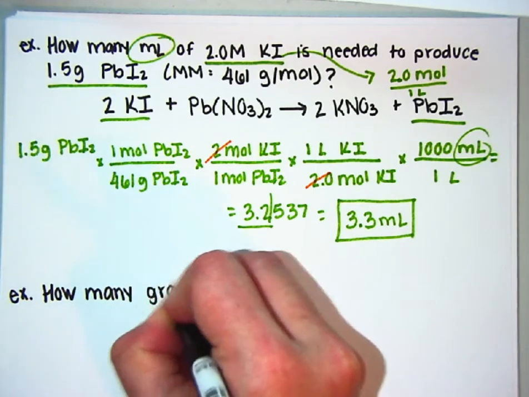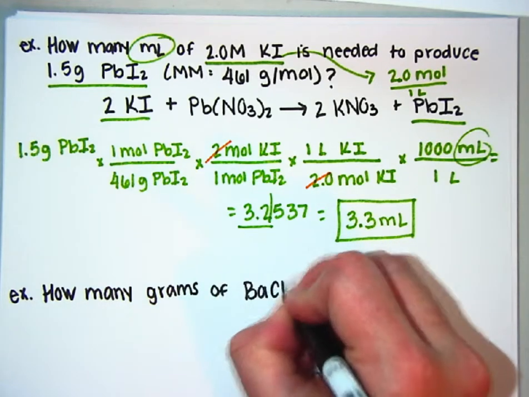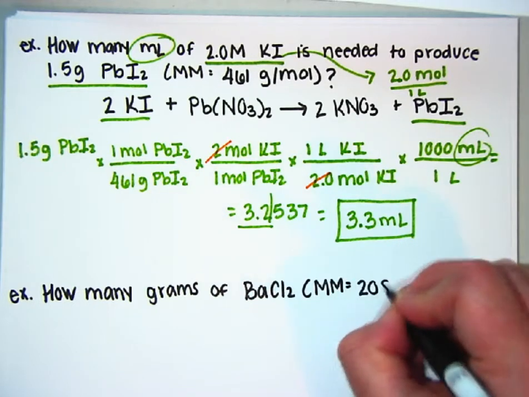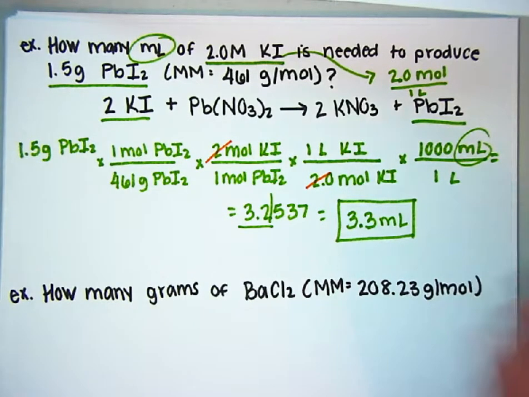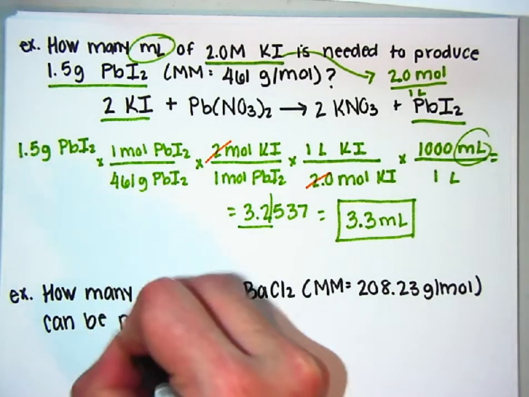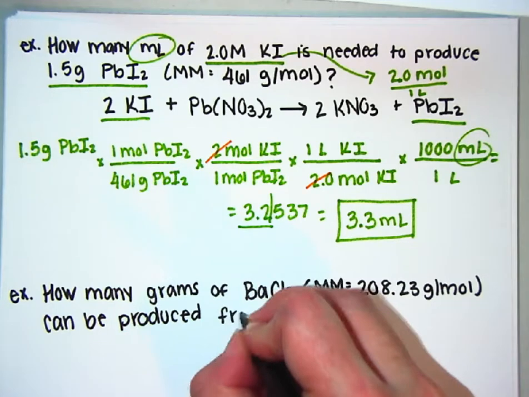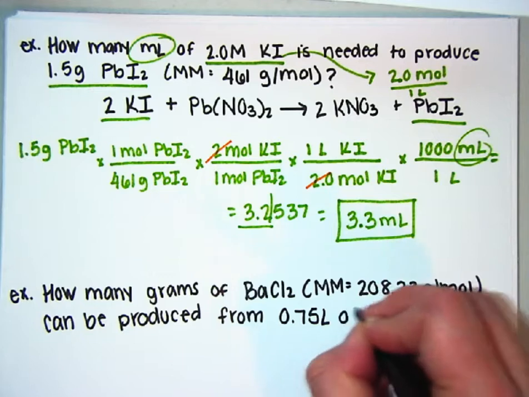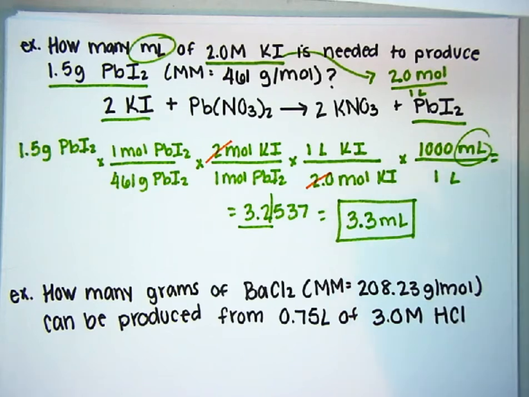How many grams of barium chloride with a molar mass of 208.23 grams per mole can be produced from 0.75 liters of 3 molar hydrochloric acid.